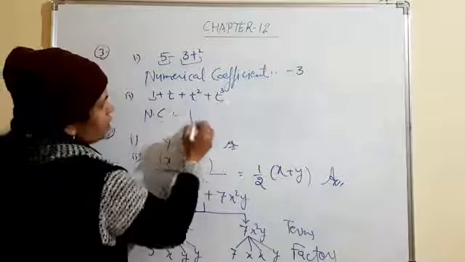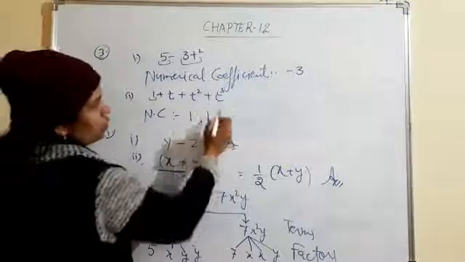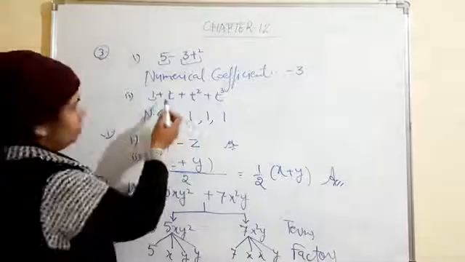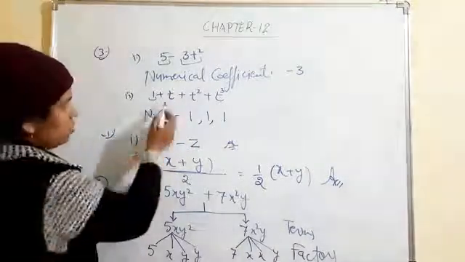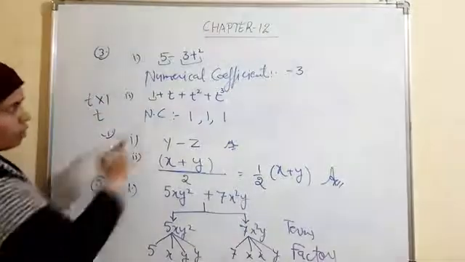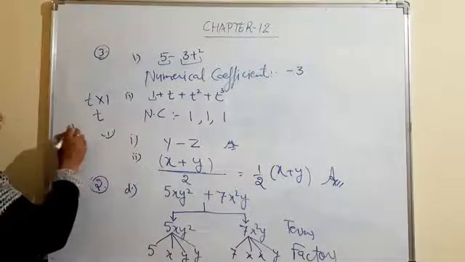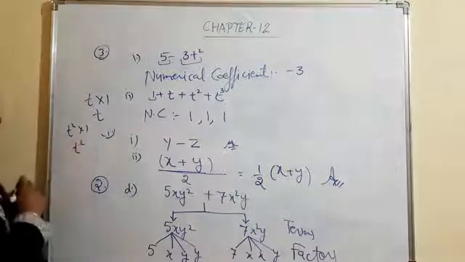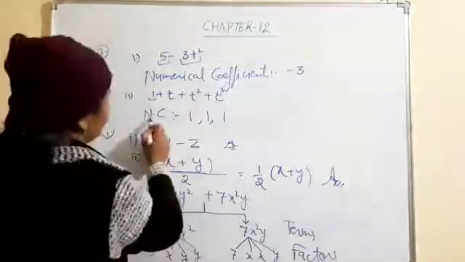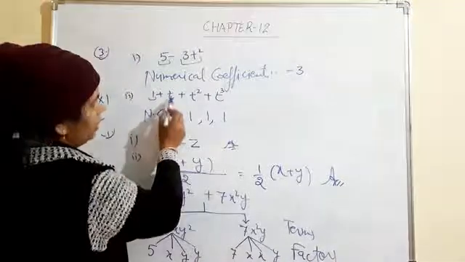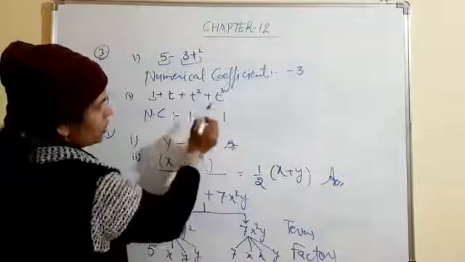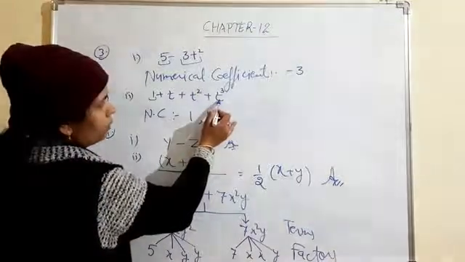For this t square again 1. For this t cube again 1. Because when there is no number, then 1 is always there. Because t into 1 gives only t, and t square into 1 gives t square. So nothing is written, still 1 is there. So the numerical coefficient will be 1 for t, 1 for t square, and 1 for t to the power 3.